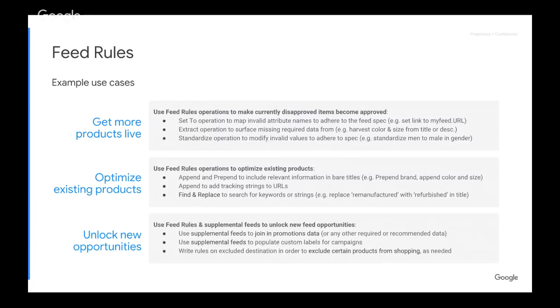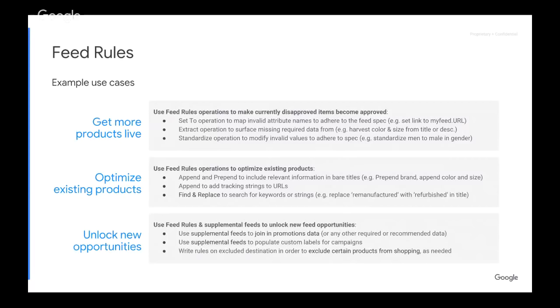You could add tracking strings to URLs. You could find and replace strings to search for keywords and strings that need to be replaced. For example, replace remanufactured with refurbished. Google Merchant Center can make those changes as well.